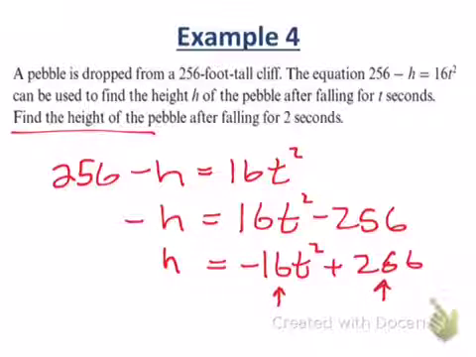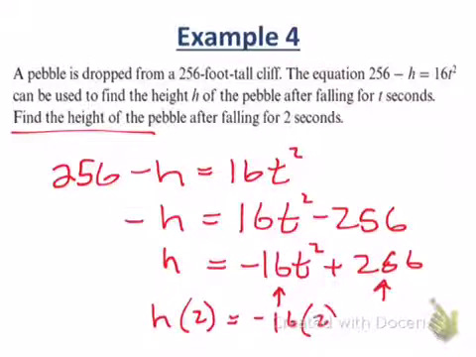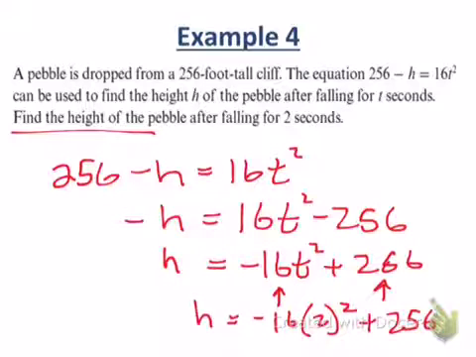So to find this, at 2 seconds we would just plug in: h of 2 equals negative 16 times 2 squared plus 256. Why'd you put the 2 by each? Oh, I just switched to function notation, because height is a function of time in this case.